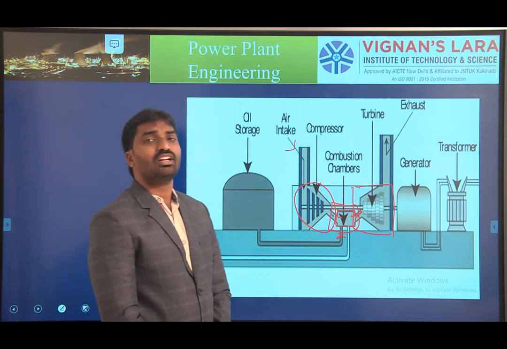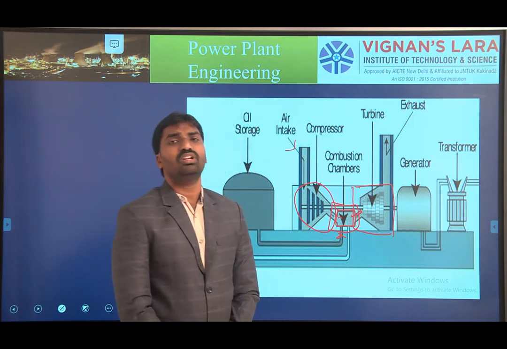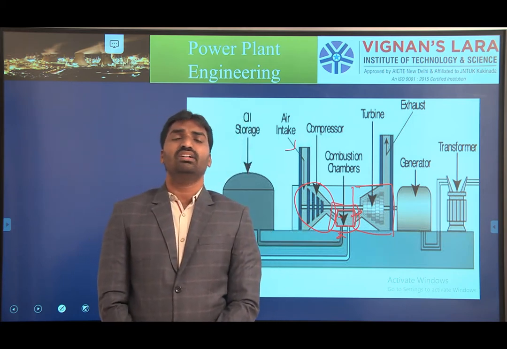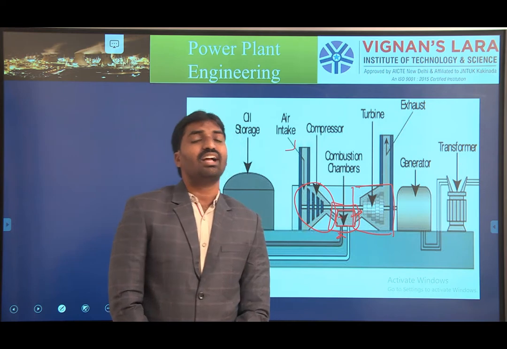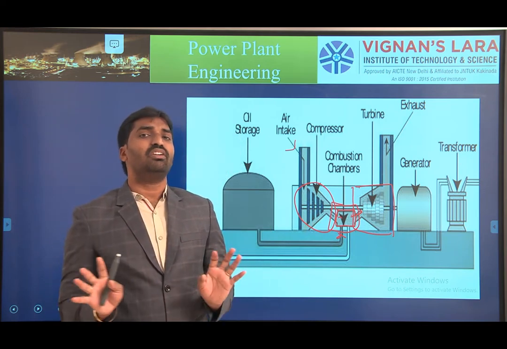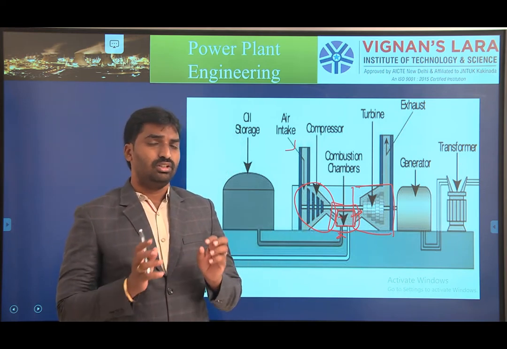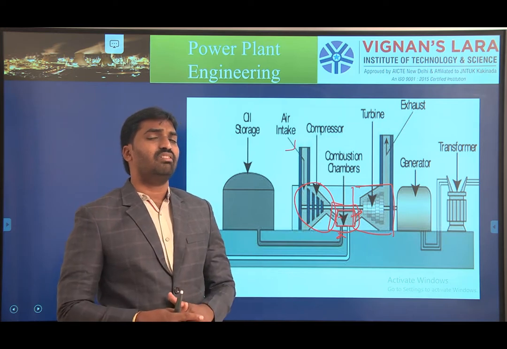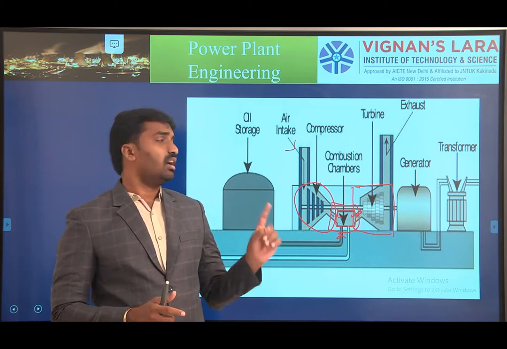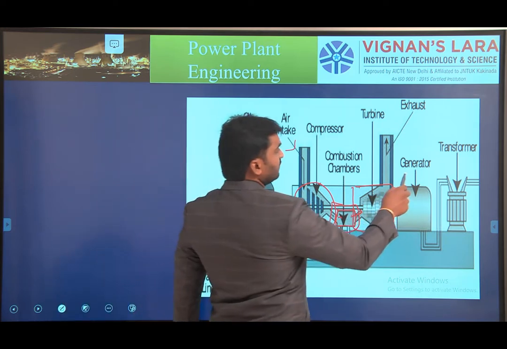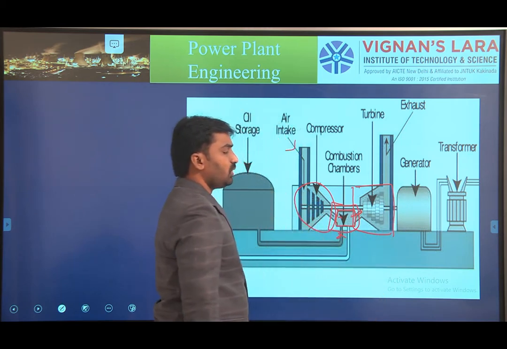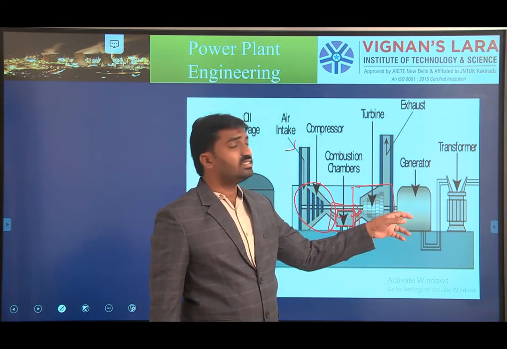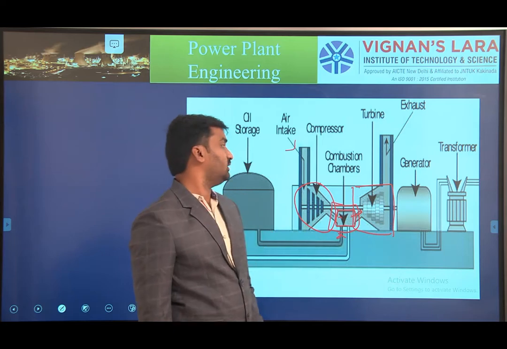Maybe that is a hydroelectric power plant, or a nuclear power plant, steam power plant, diesel power plant, or gas turbine power plant. In any power plant, we utilize a generator for generating electrical power. So a generator is a device which converts mechanical energy into electrical energy.